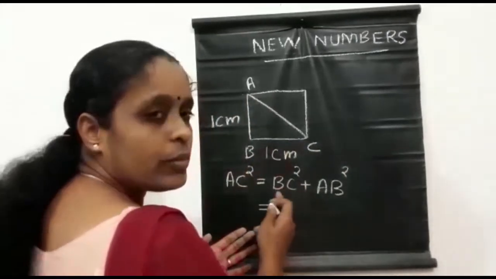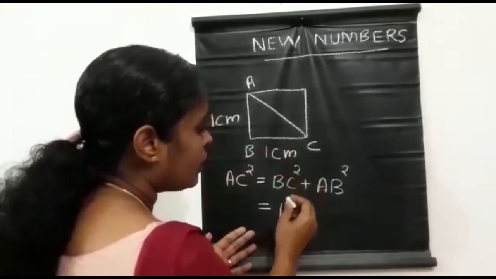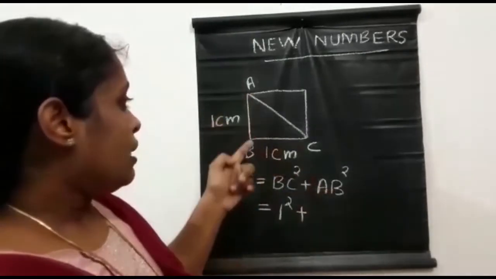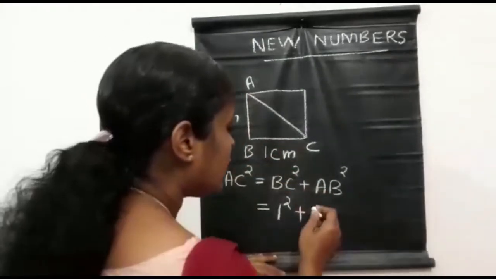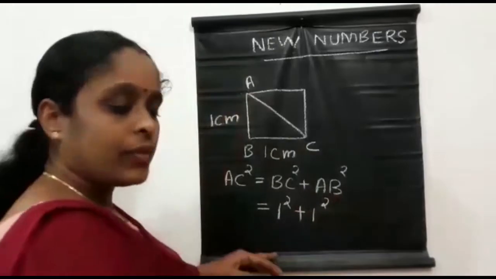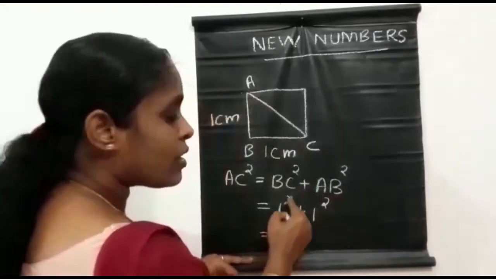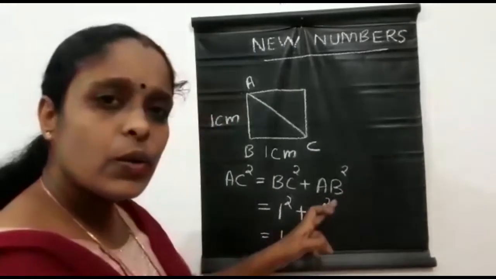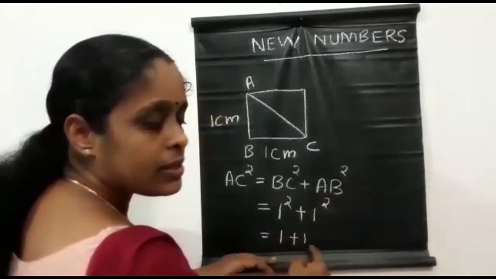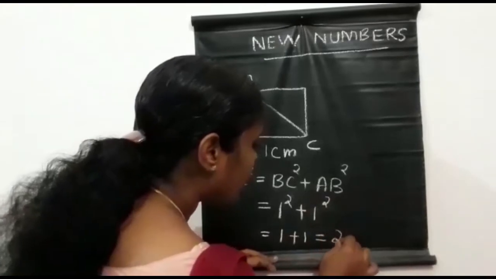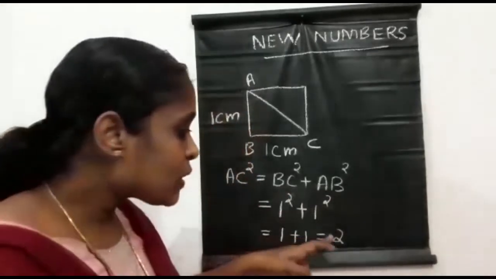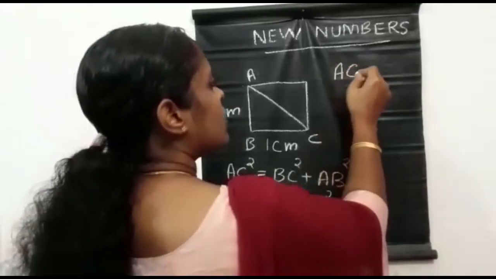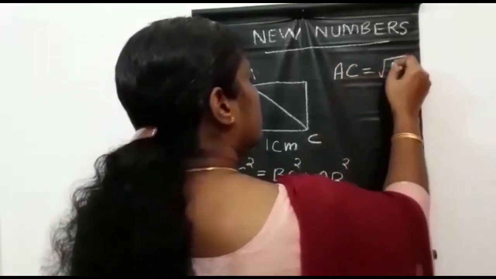So, the length of BC is 1, 1 square, plus length of AB is again 1, so I write 1 square. 1 square is 1 plus again 1 square is 1. 1 plus 1 is equal to 2. That is AC square is equal to 2. Then what is AC? AC is equal to root 2.